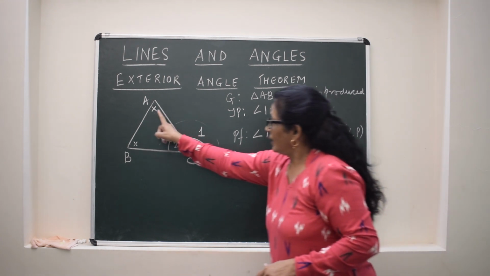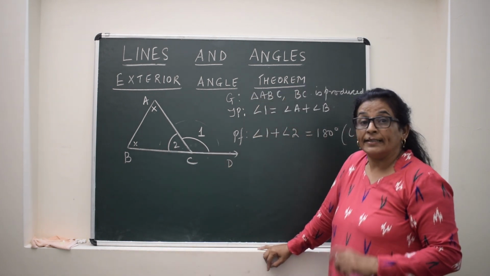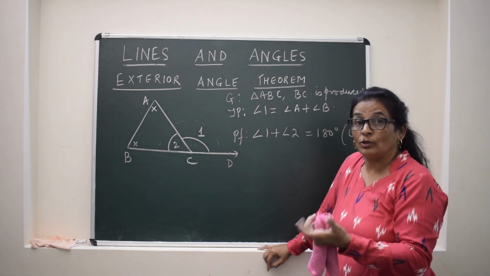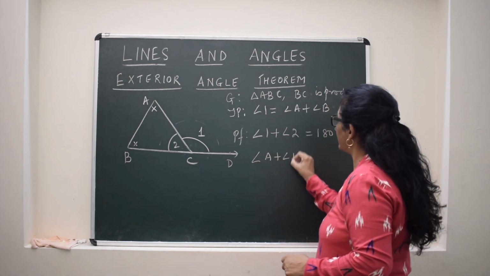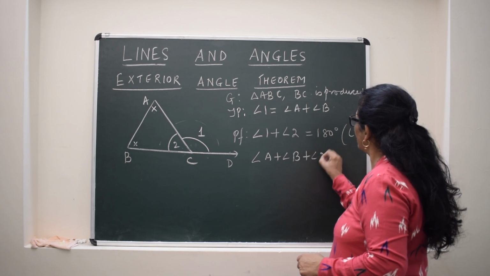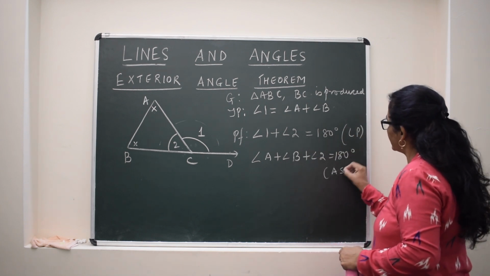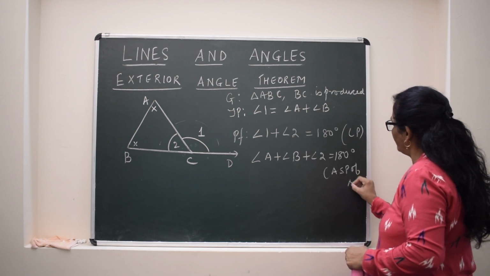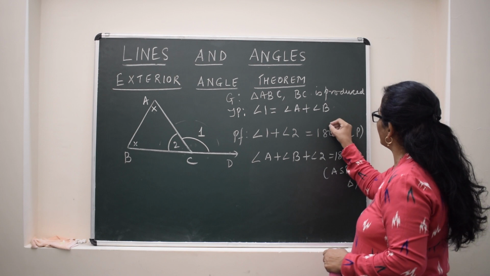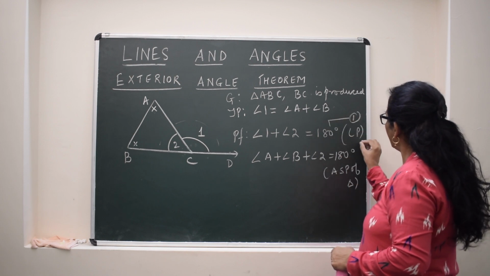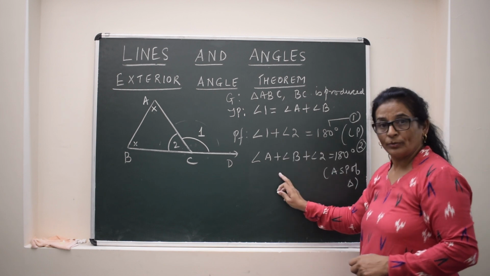Now, angle A plus angle B plus angle 2 is equal to 180 degrees by the previous theorem, the angle sum property of a triangle. Like this in short we can mention. Now look at these two equations. Both have the right hand side equal, so the left hand side will also be equal.